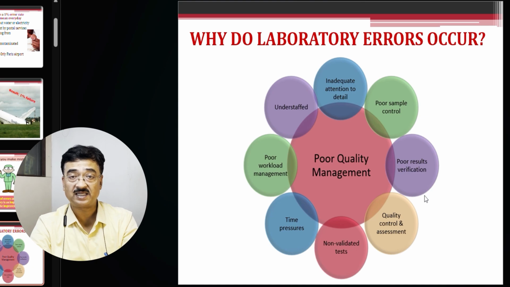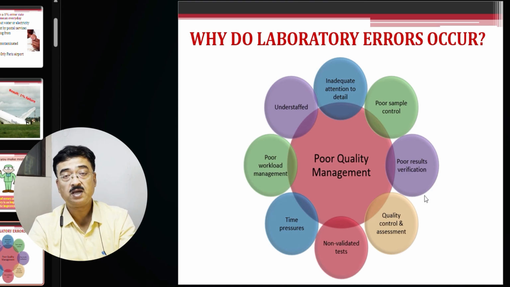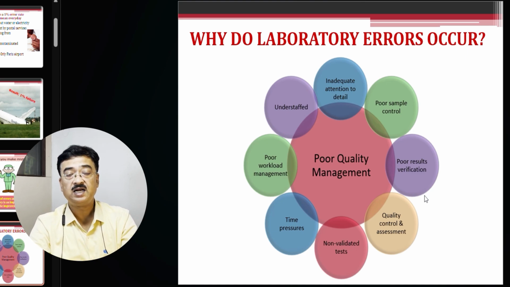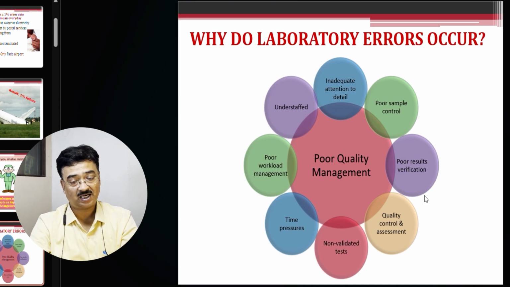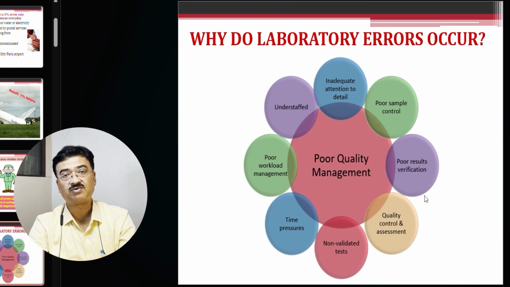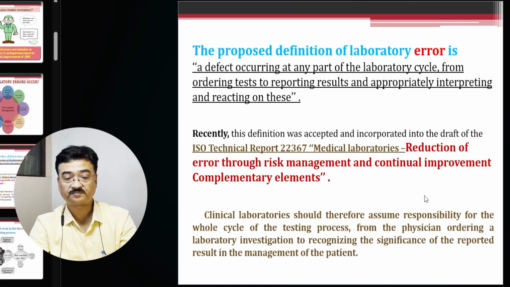Poor workload management is also important. In most cases, we try to do the job without adequate manpower, so understaffing is another important factor. And lastly, inadequate attention to detail. Whenever you're in a hurry or understaffed, the detailed steps of the procedures sometimes get missed, and there lies the potential trap for development of error.